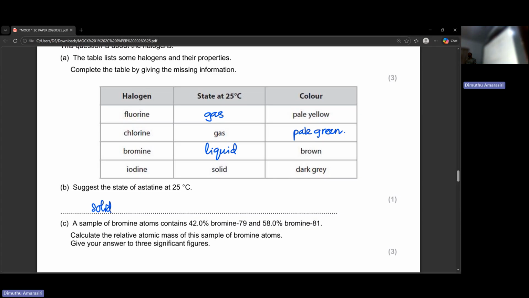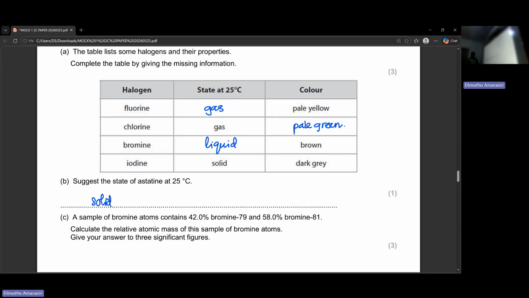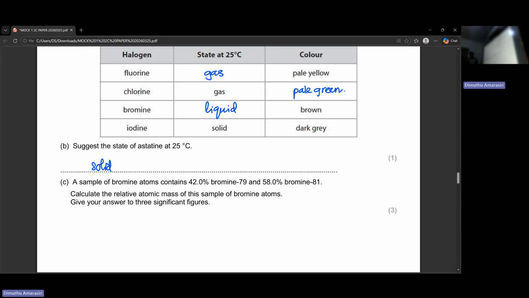But it's not like red. Red and brown are completely different.